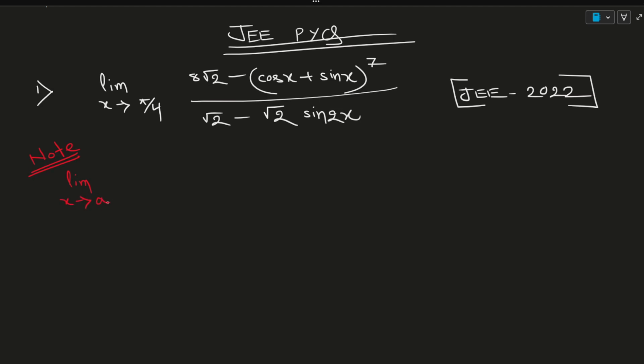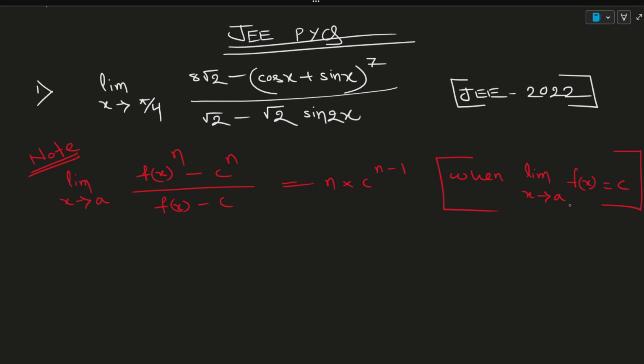Limit x tends to a, (f of x to the power n minus c to the power n) divided by (f of x minus c), is equal to n into c to the power n minus 1, where limit x tends to a f of x is equal to c.